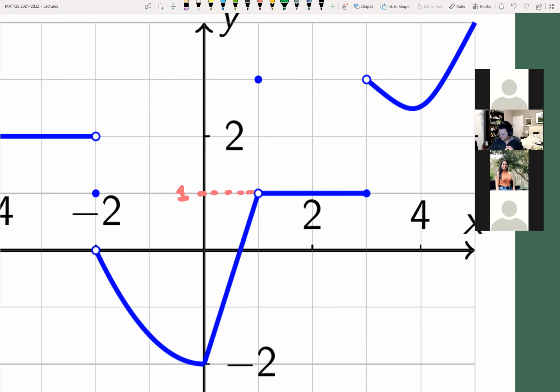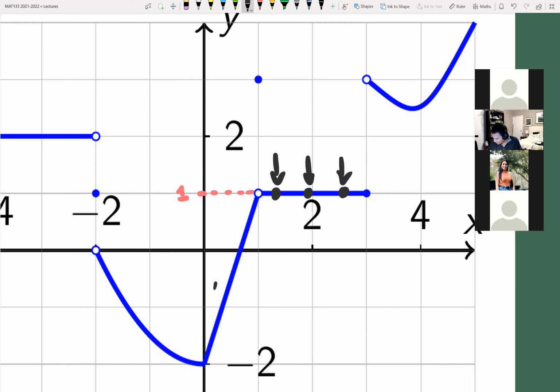So what is the y value at this point right here? Right, what's the y value at this point? Yeah, it's all just ones. So I'm not bigger than 1 and getting closer to 1. I'm not less than 1 and approaching 1. I'm just exactly equal to 1, right?